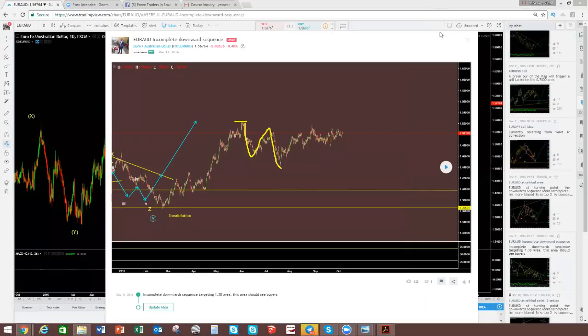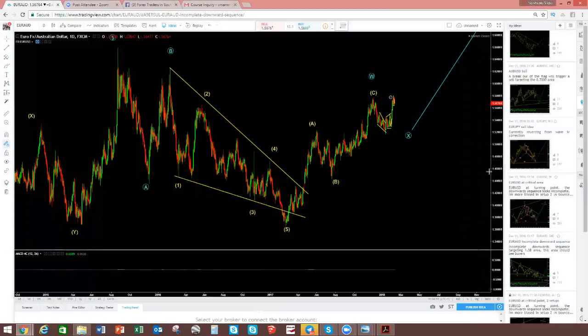You may be looking for this move here. Let's select that. You are possibly looking for that move. You see where we are going. That is the minimum that we may be looking for, up to that level. Okay, so let's keep an eye on this one. So whenever you get corrective structures like this, we'll be anticipating the move to the upside. All right, so that's EURUSD.